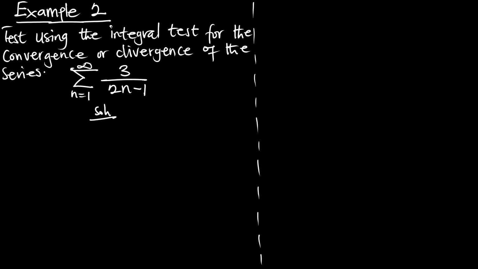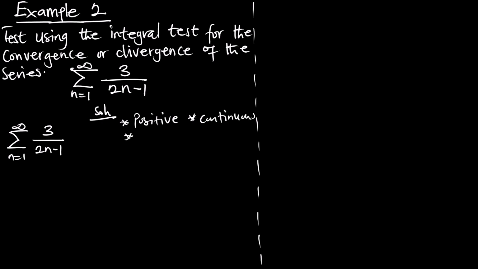Straight away we write down the summation from n is 1 towards infinity of 3 on 2n minus 1. What are we supposed to establish? We have to establish that the function is positive, continuous on the interval given, and also whether it is decreasing.